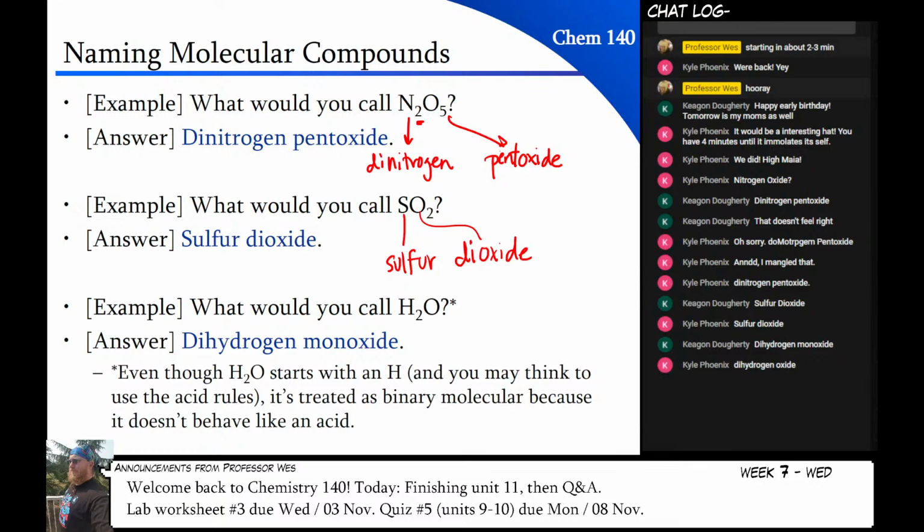There you go, very good. So we've got two hydrogens, so there's our dihydrogen, and then we've got one oxygen, so that's oxide. But we do include mono for the second element, so dihydrogen monoxide.